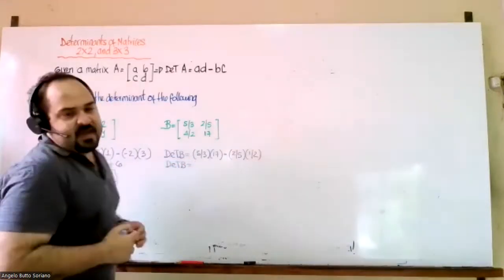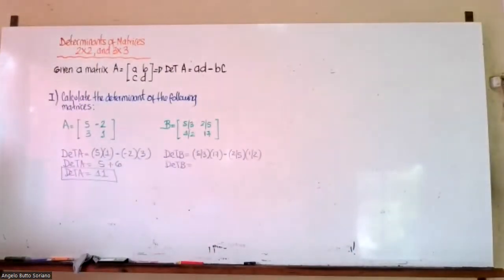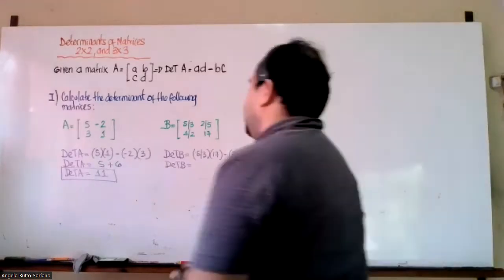Now, what we have to do? Well, the only thing that we must do right now is multiply the fraction 5/3 times 17. Let's see, 5/3 times 17, that will be equal to 85/3.